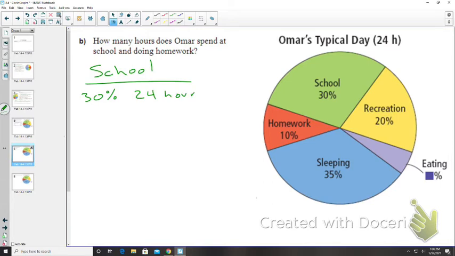To find how many hours that is, let's turn our 30% into a decimal. That is 0.30 multiplied by those 24 hours, and that gives us a value of 7.2 hours at school.